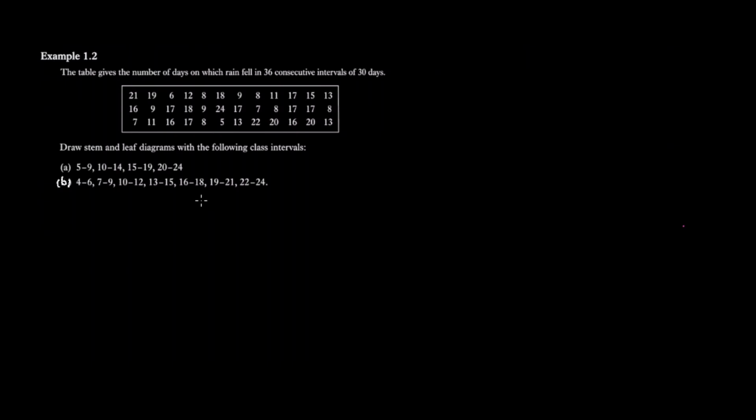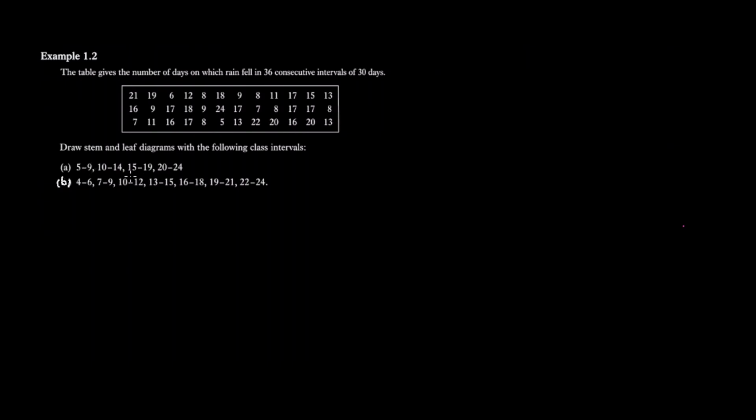In this particular question, we are given specified class intervals that we should use. So A is asking for 5 to 9, 10 to 14, 15 to 19, then 20 to 24. So what is the class interval width here? To find the interval width, we are going to be physically counting from 5 to 9. 5 is included, so it's 5, 6, 7, 8, 9.